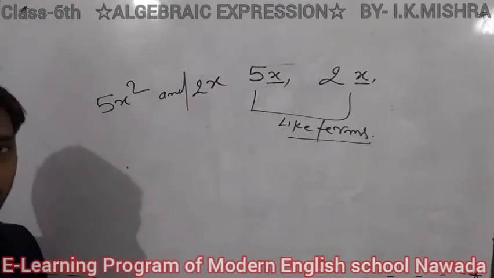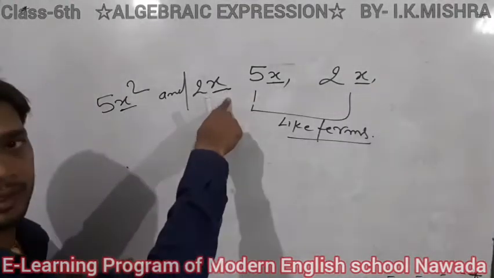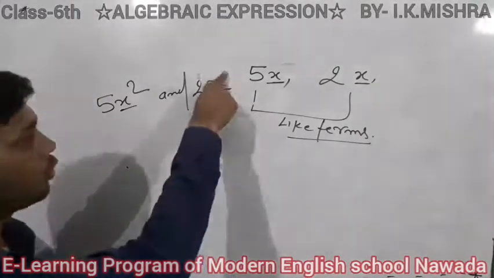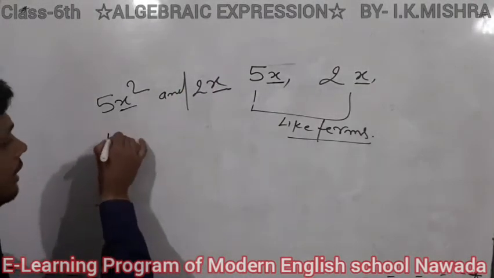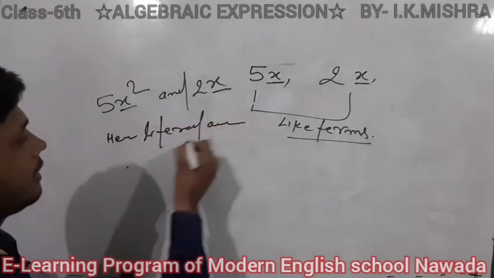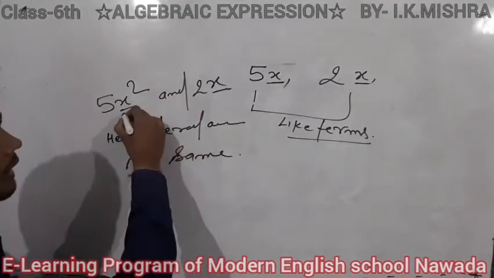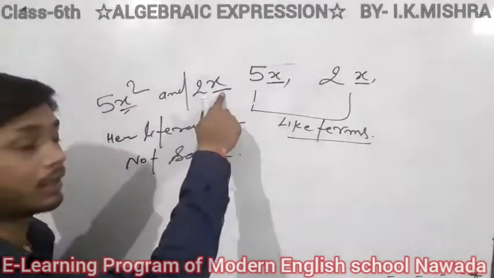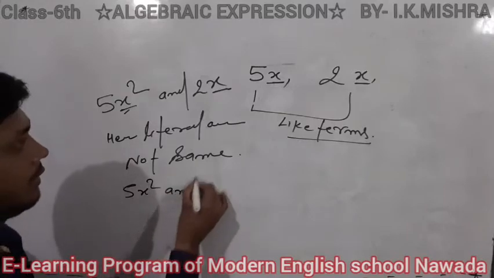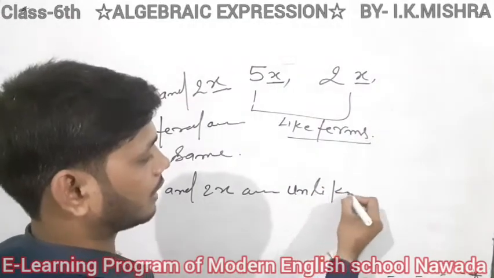Students, here I write 5x square and 2x. Observe here the literal is x square and here the literal is only x. Here the literal's power is 2, but here the literal's power is 1. So here the literals are not the same, because here x to the power 2 and here x to the power 1. So 5x square and 2x are unlike terms.